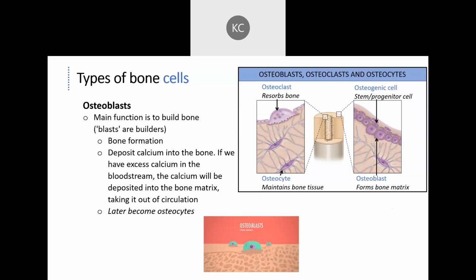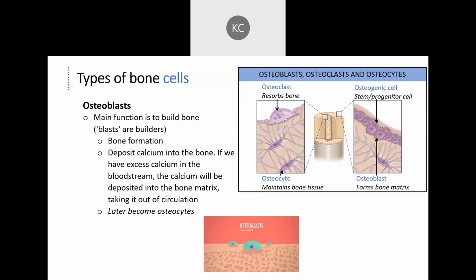The hydroxyapatite crystals, which are made of calcium, give bone its hardness, and the collagen fibers give bone its tensile strength, allowing it to twist to some degree and resist stretching. You need both of these qualities. You need it to be hard so it doesn't just shatter, but you also need it to somewhat withstand twisting and stretching, and be somewhat flexible. This is called tensile strength.